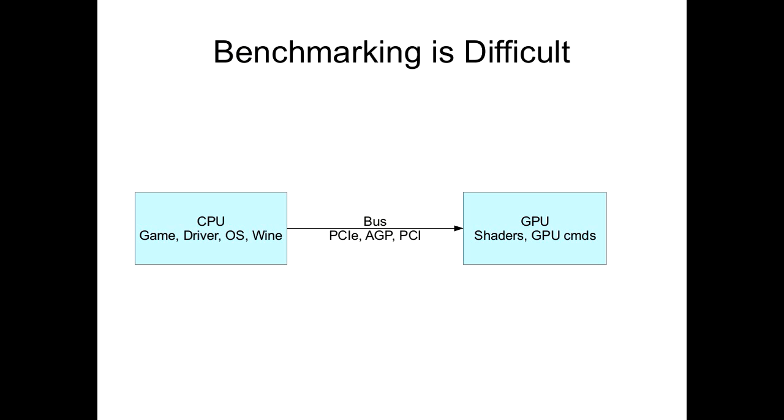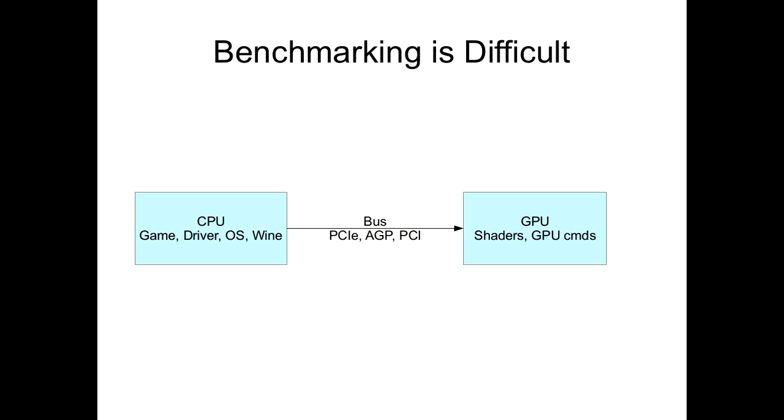The driver generates commands, sends them through some bus, usually PCIe, to the GPU, which executes those commands, and the GPU runs the shaders the game provides. And your performance problems can be in any of those components. If one of them is slow, it drags the entire thing down. Which is probably not that important if you just want to present some graphs, but if you want to fix problems, you have to find out where they are.